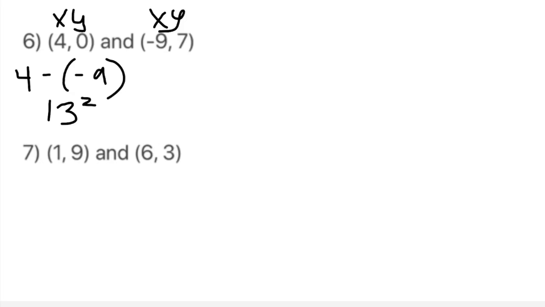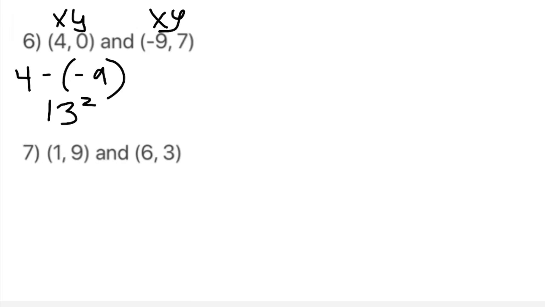So hopefully we've all gotten a chance to try number 6. So we're going to start by labeling x and y. We are going to find the distance between our x values. So I'm going to do 4 minus -9, which is the same as 4 plus 9, which is 13 squared.